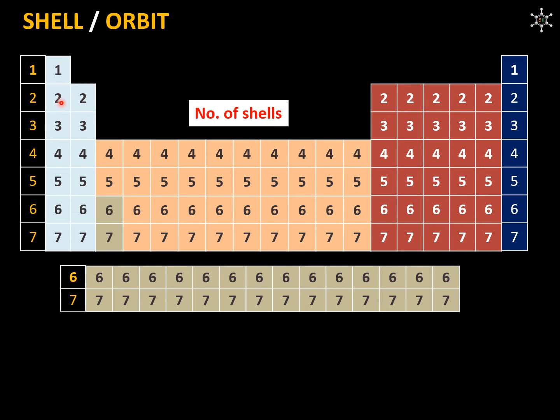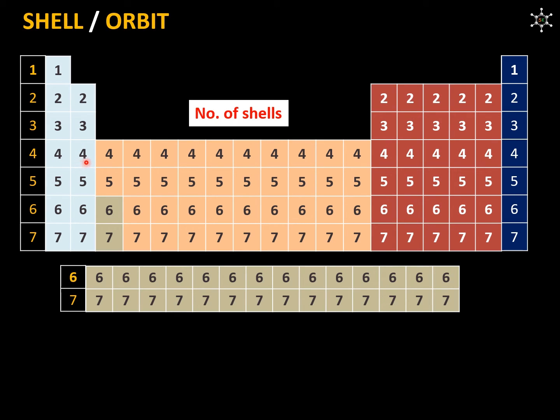Recall the KLMN electronic configuration. Hydrogen had only the K shell, so 1. Helium also had only the K shell, 1. Lithium had K and L, 2. Up to neon we had 2 shells. Sodium has 3 shells. Magnesium 3. Up to argon we had 3 shells. Potassium 4 shells.